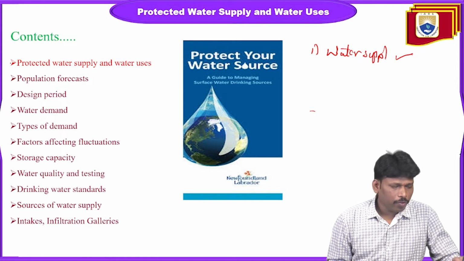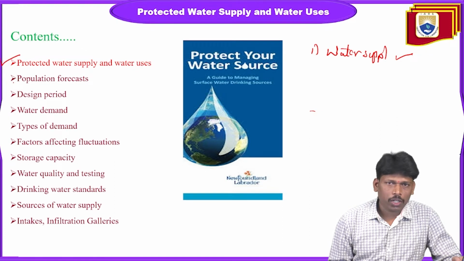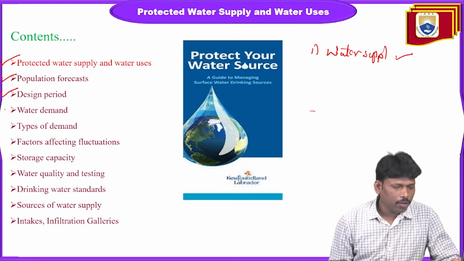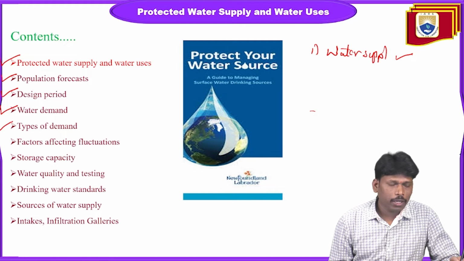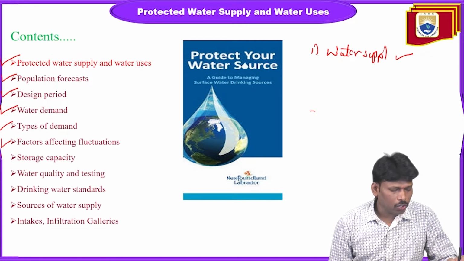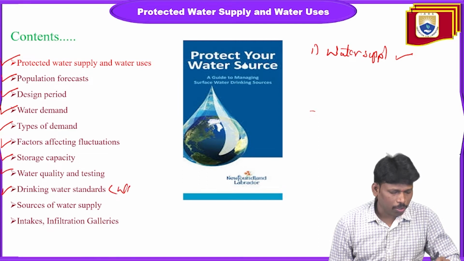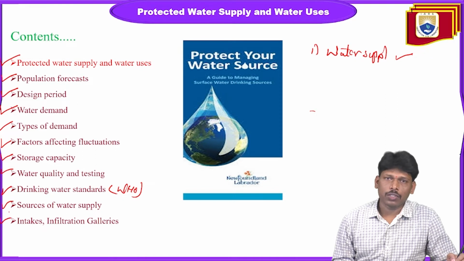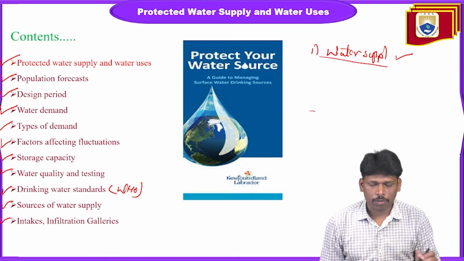The main contents are protected water supply and water uses, population forecast, design period, water demand, types of demand, and factors affecting the fluctuations, then storage capacity, and water quality and testing, drinking water standards according to the WHO or according to the relevant codes, and then sources of water supply, intake, infiltration, and galleries. We are going to discuss all of this in water supply.